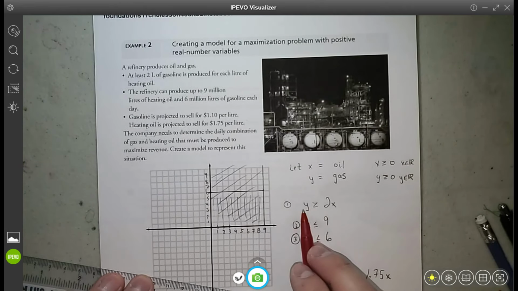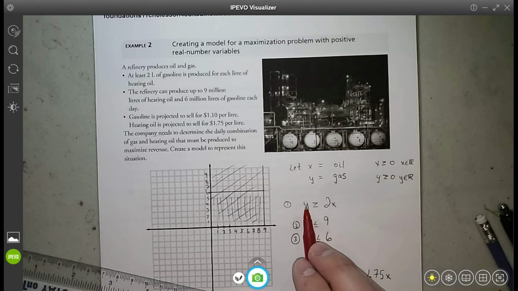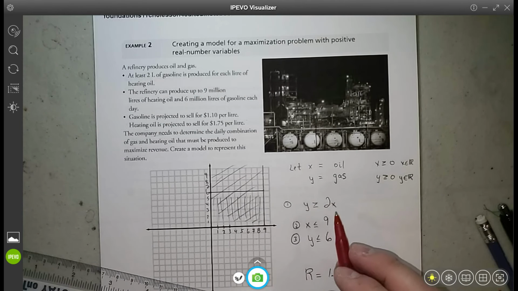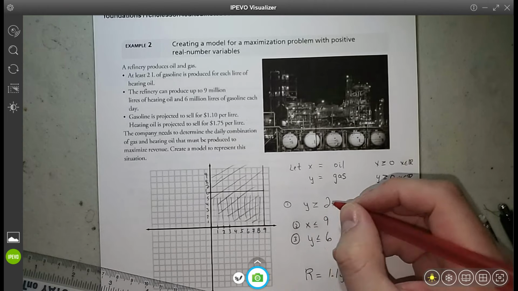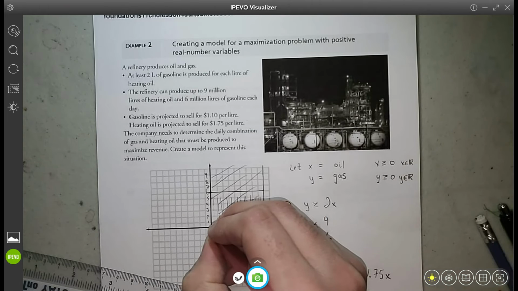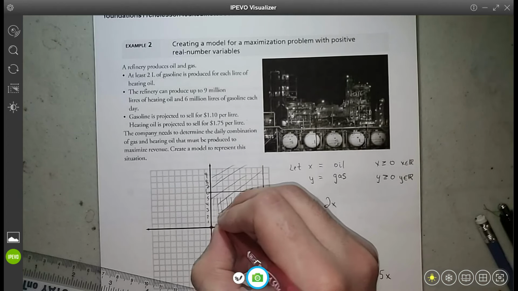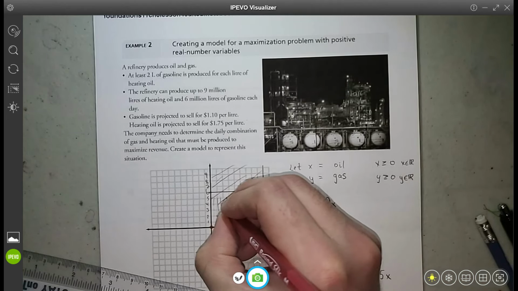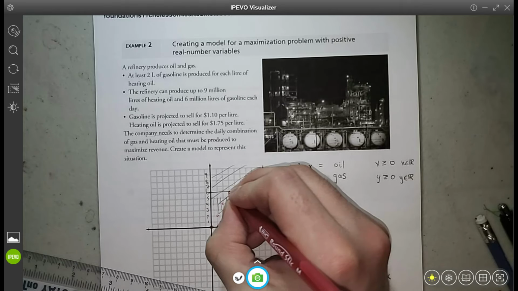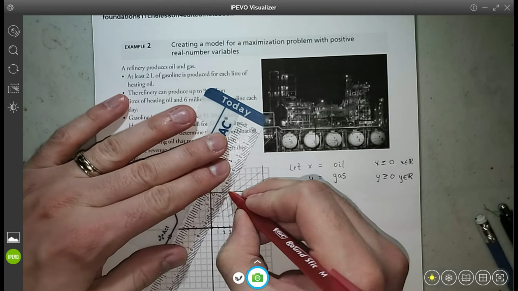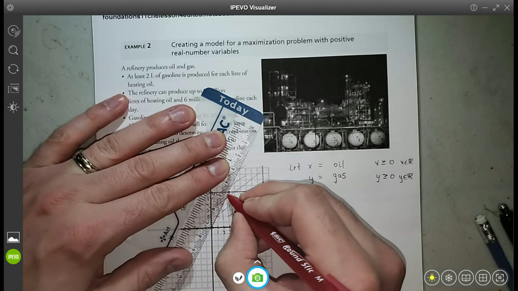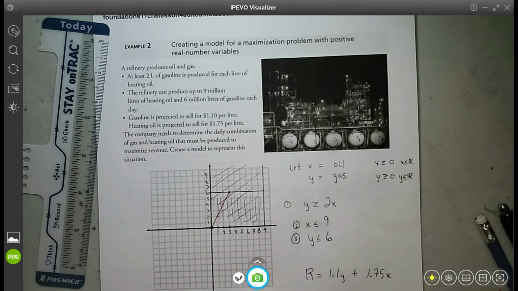And last but not least, our first equation, Y is greater than or equal to 2x. So we know our X and Y intercepts are going to be 0 in this case. The slope is 2. Now we have to take a test point to see which side is going to be shaded.